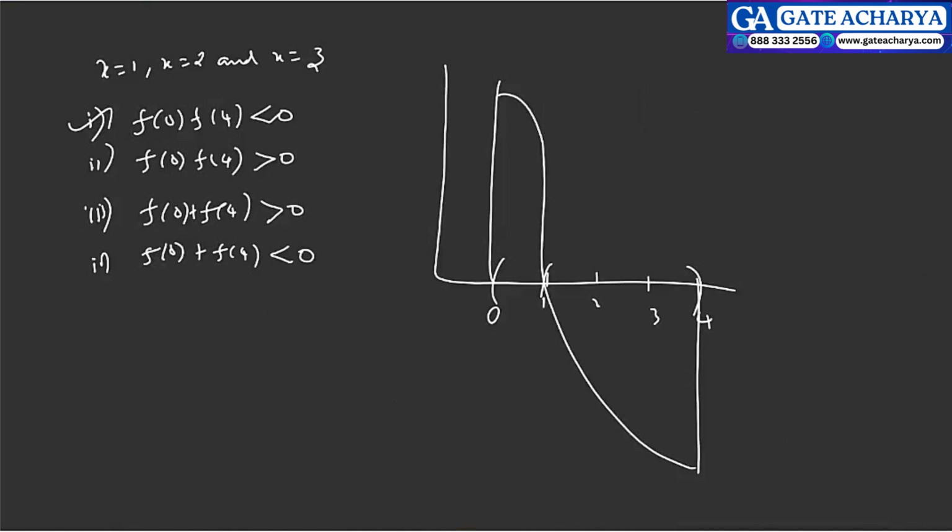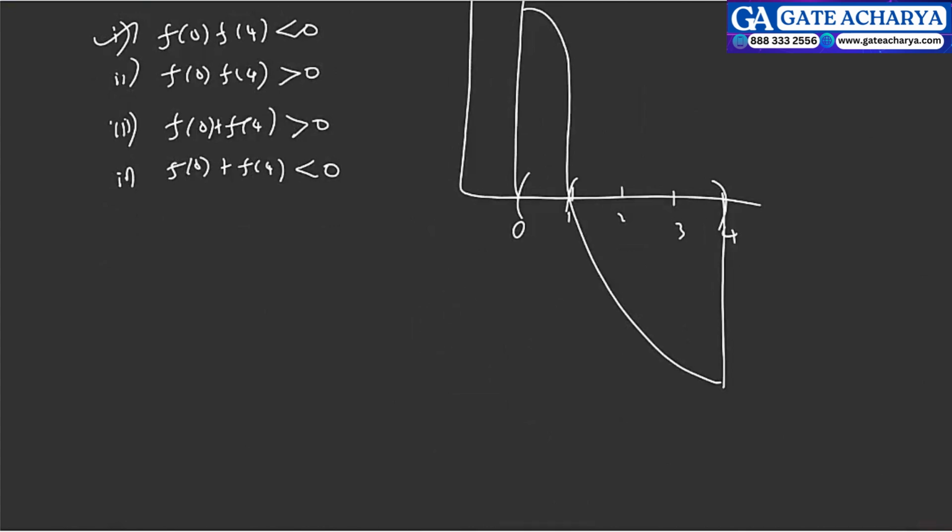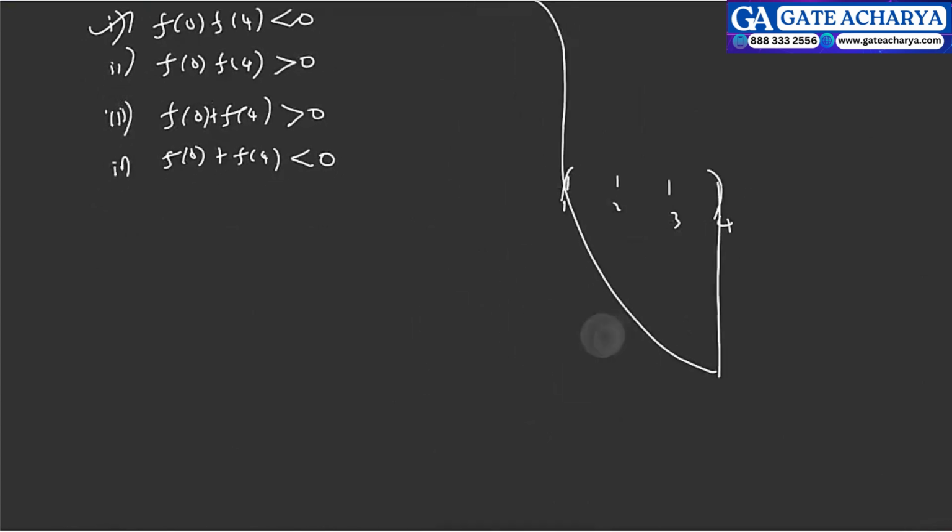Okay, the bisection method is applied to compute a zero of the function f of x equal to x power 4 minus x cube minus x square minus 4 in the interval 1 comma 9.